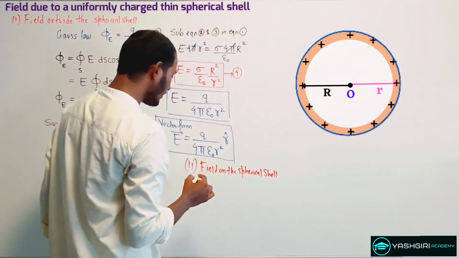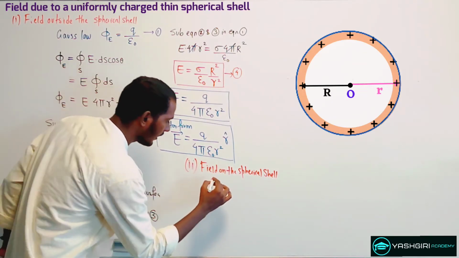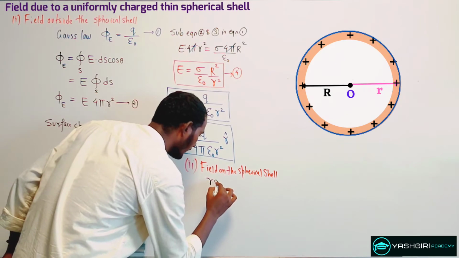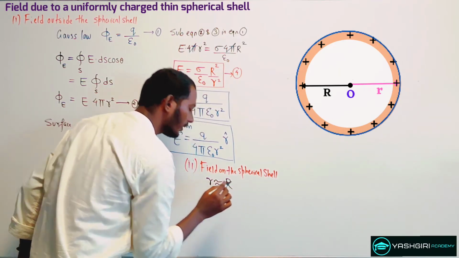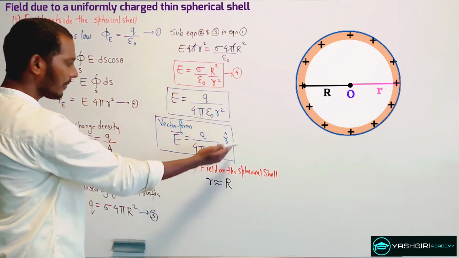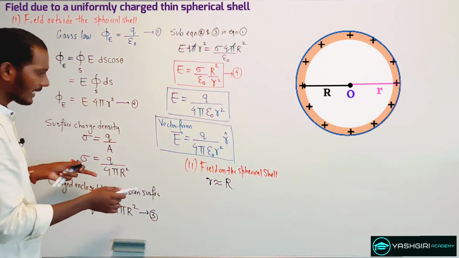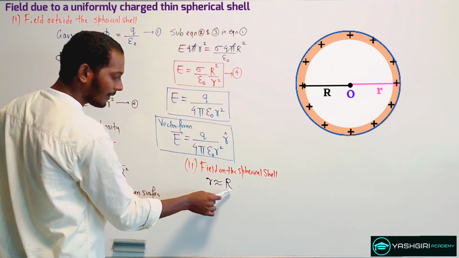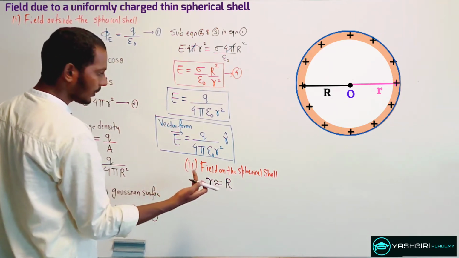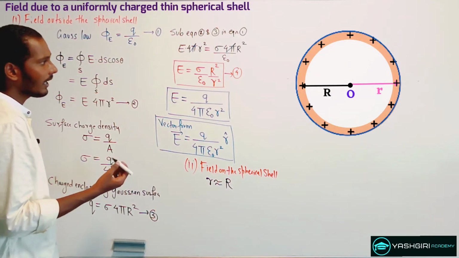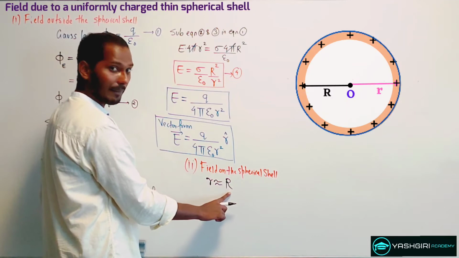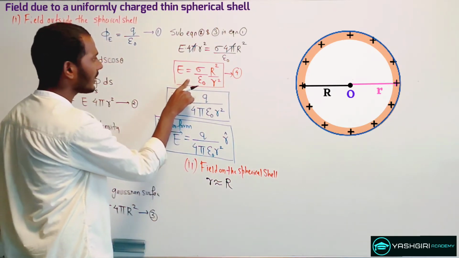So when I consider that, let small r be approximately close to the capital R. In that case, everything remains the same. What will change is that you can just replace this small r by capital R, and when I replace small r equal to capital R, I'll be getting the same expression here.